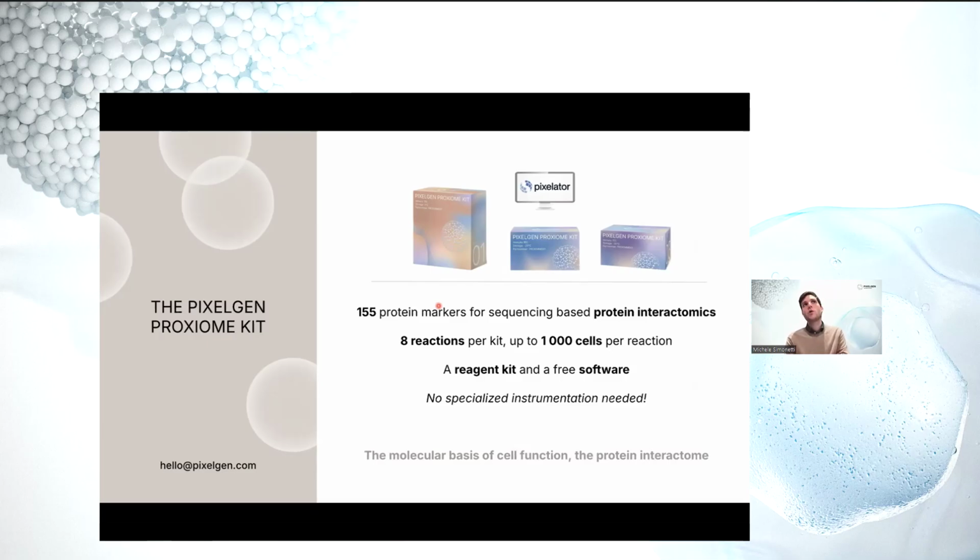What we have tested is PBMCs, as you have seen in the data. We've also worked with bone marrow samples, freshly dissociated solid tumors, where we look at immune infiltrates, and cell lines, for instance in co-culture experiments. You can find more on the app notes.